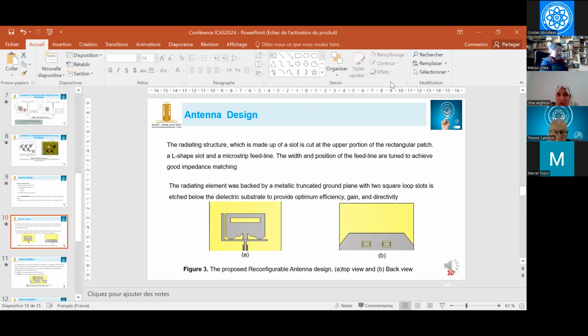The radiating element is backed by a metallic truncated ground plane with two square lobes. A slot is etched below the dielectric substrate to provide optimum efficiency, gain and directivity.